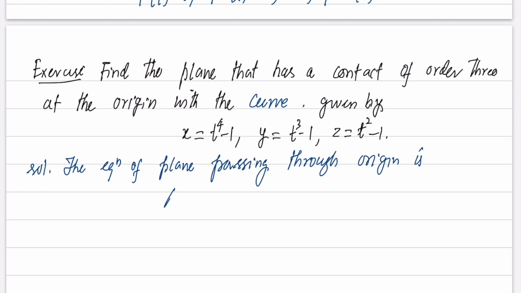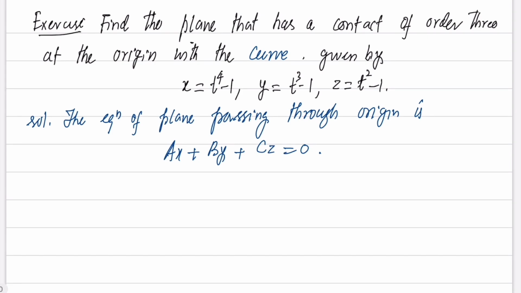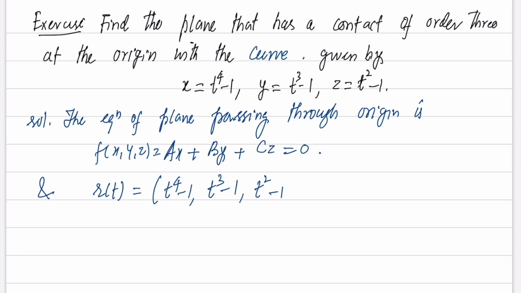It can be given like this: ax + by + cz = 0. Now our given curve is, so we have this as our f(x, y, z), and our r(t) is equal to (t^4 - 1, t^3 - 1, t^2 - 1).